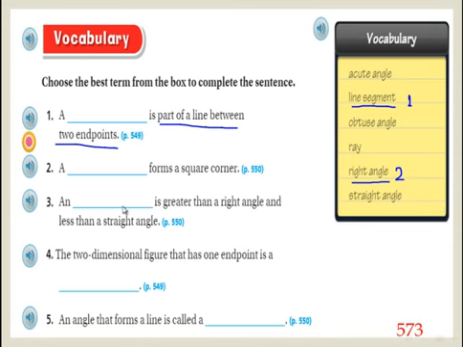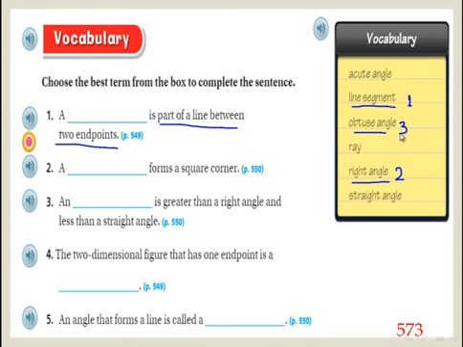An blank is greater than a right angle and less than a straight angle. Focus before your answer. Excellent. An obtuse angle. Great job. Here number 3. This word for question number 3.